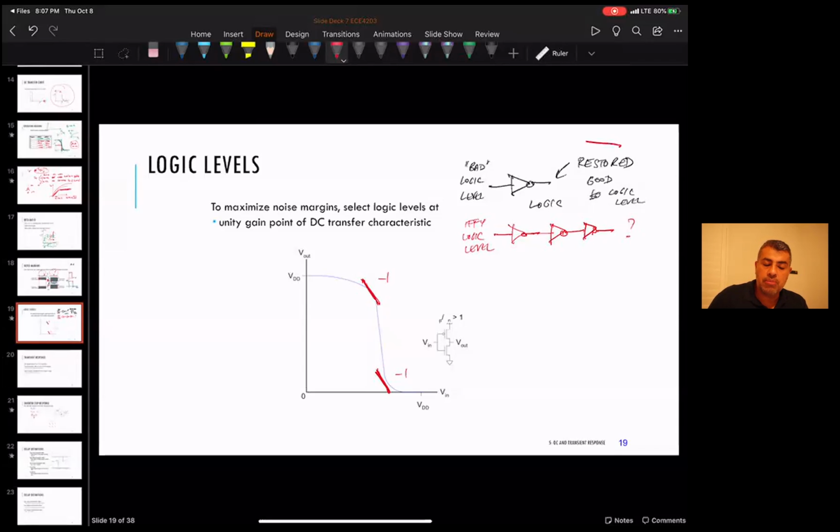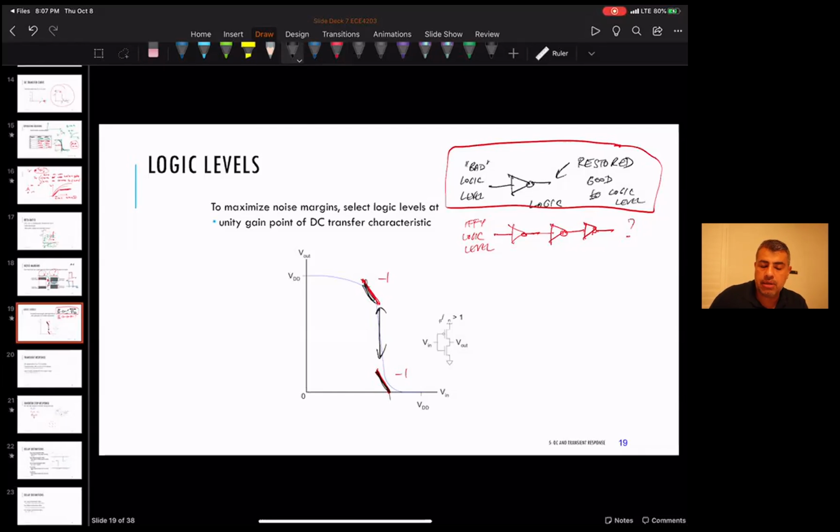So you need this function, right? If you have a slope of V in versus V out which is greater than -1, it means any noise on your input gets amplified. So between the two -1 slope points, your inverter is actually an amplifier.